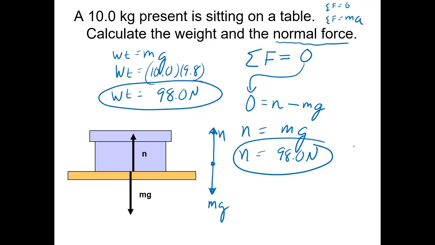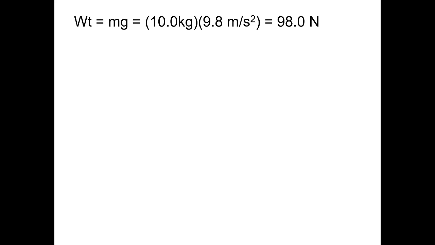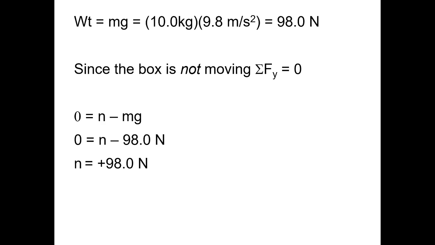So in practice, the normal force exactly balances out. The normal force is 98 newtons up. The weight is 98 newtons down. The box will not move. It's not accelerating. We can see that. The sum of the forces is 0. And I actually have the math right here.